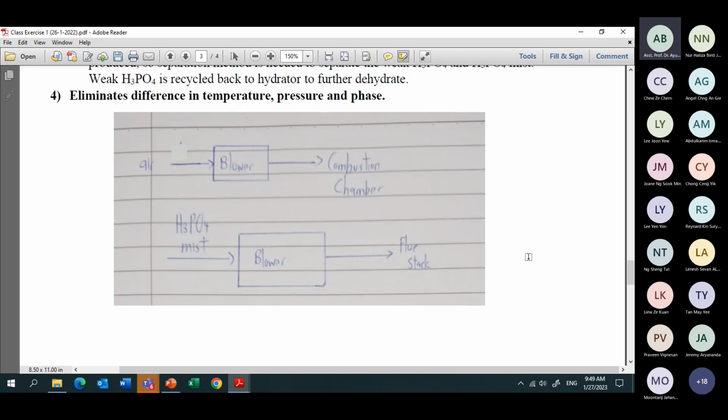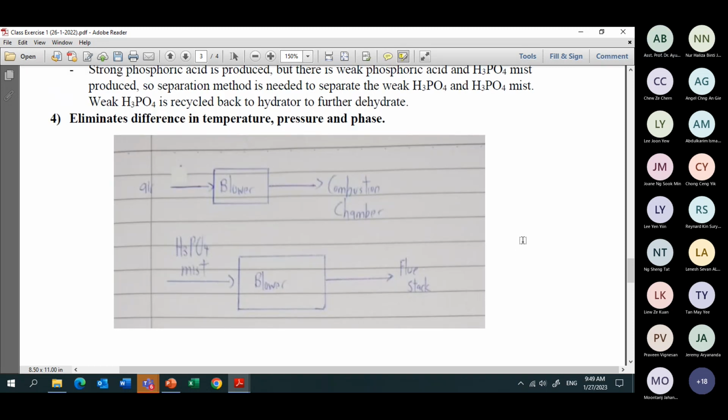Why you need to increase the flow velocity? Because we need to increase the material flow into the respective next unit operation, because maybe the flow would be too less if directly draw from the atmospheric air.